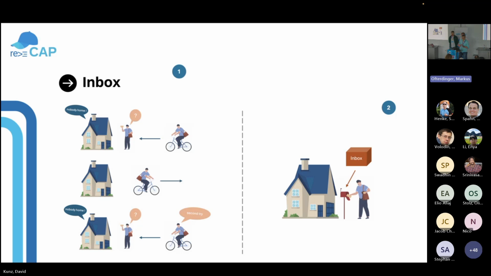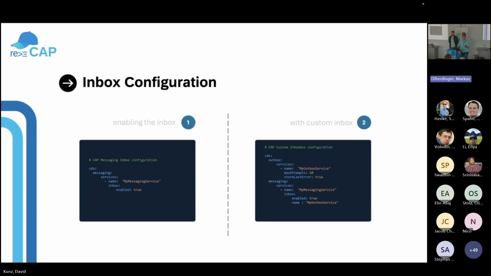And similar to our messaging, we have the same problem. If you think of queue-based messaging, then you need more space for your queues if you have a high amount of messages, high traffic, and also you need to pay more for delivery because you pay for the amount of messages. And to configure this, as David already showed, you only need one property.